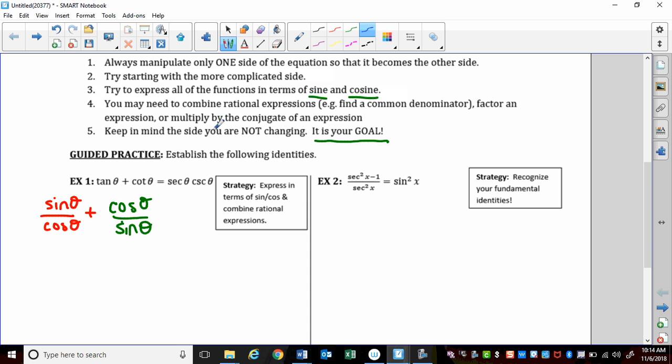Okay, so if we have rational expressions, I'm always going to try to combine these fractions. We need to have a common denominator if we're going to combine fractions.